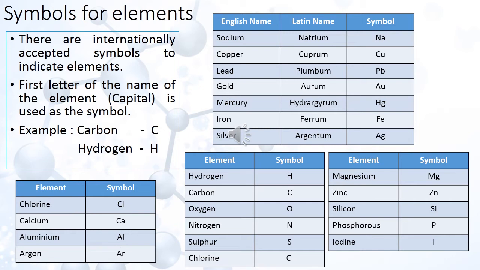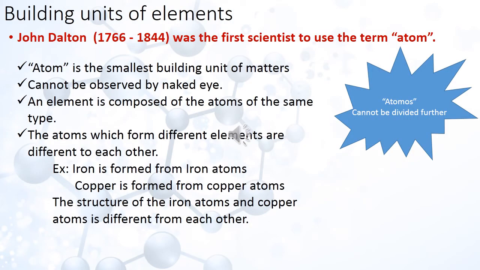Mercury, hydrargyrum, symbol is Hg. Iron, ferrum, symbol is Fe. Silver, argentum, symbol is Ag. In these two tables, we are giving a few symbols for some elements.